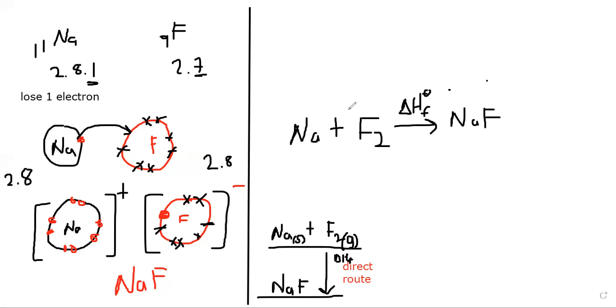To do that, we put a half in front of it. So you now have 1 fluorine on this side, since 2 times a half is 1, and 1 fluorine over here. 1 sodium on this side and 1 sodium on this side. So at the start, you must have half F2.